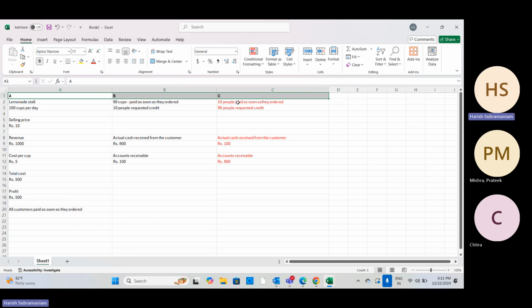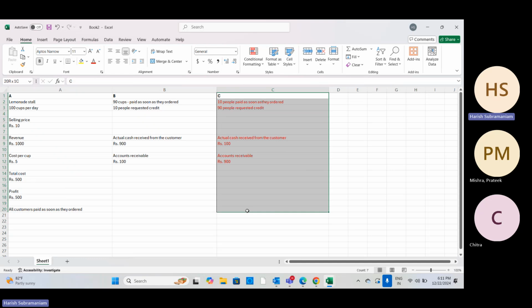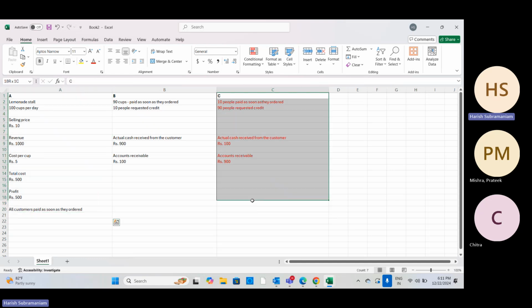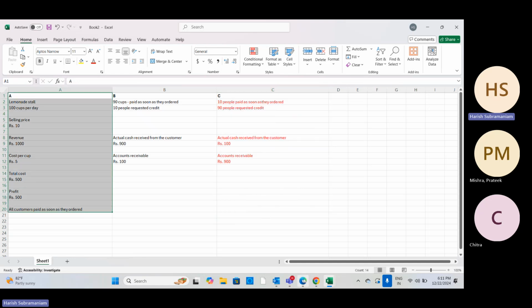But if we start looking at the cash flow statement, then we'll know that, okay, this one is actually really good. And this one is actually a terrible business. We should never have anything to do with this business if we get a chance to purchase this business. So from that perspective, the cash flow statement becomes very important.